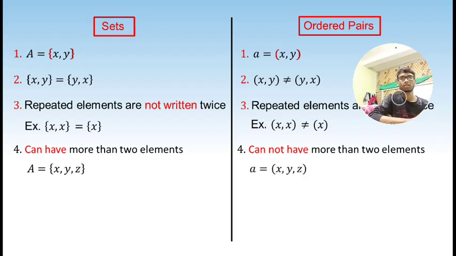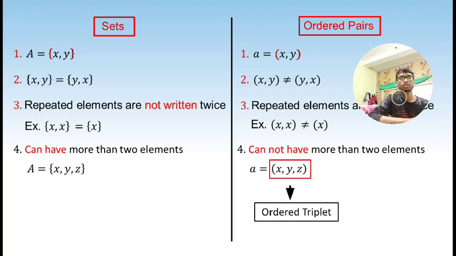Now next, (x, y, z): this is not an ordered pair. This is an ordered triplet. If there are three elements surrounded by parentheses, it will be an ordered triplet.